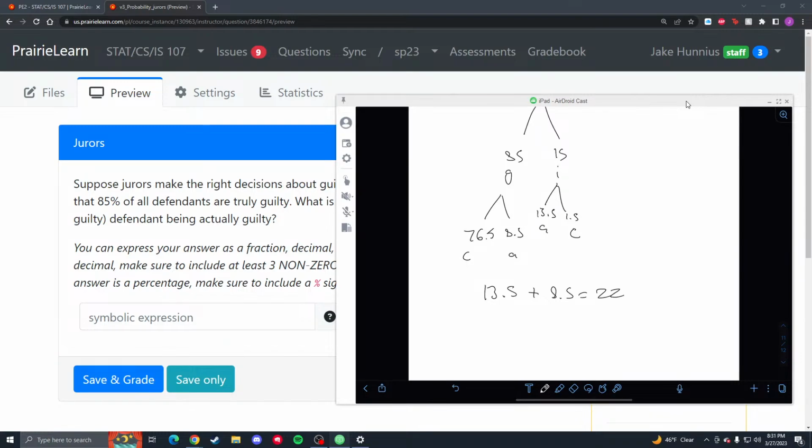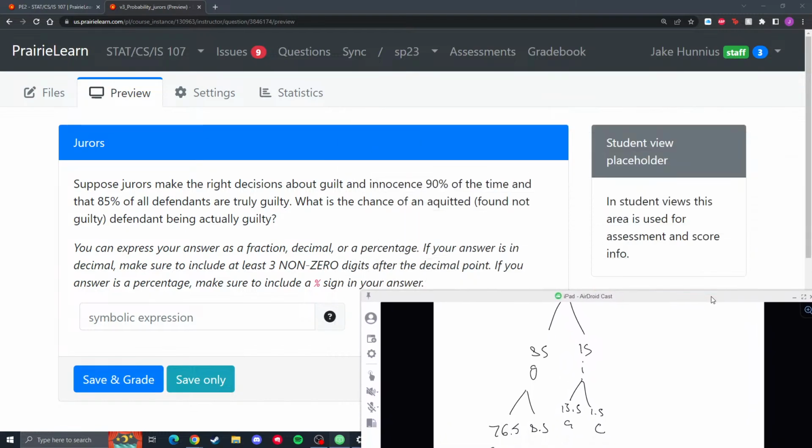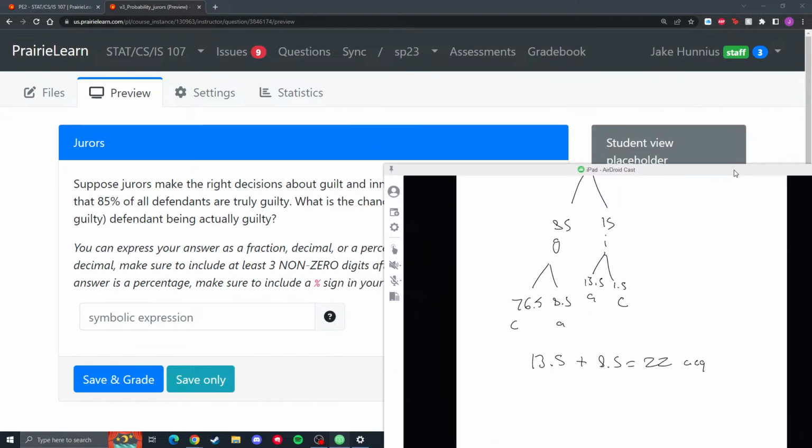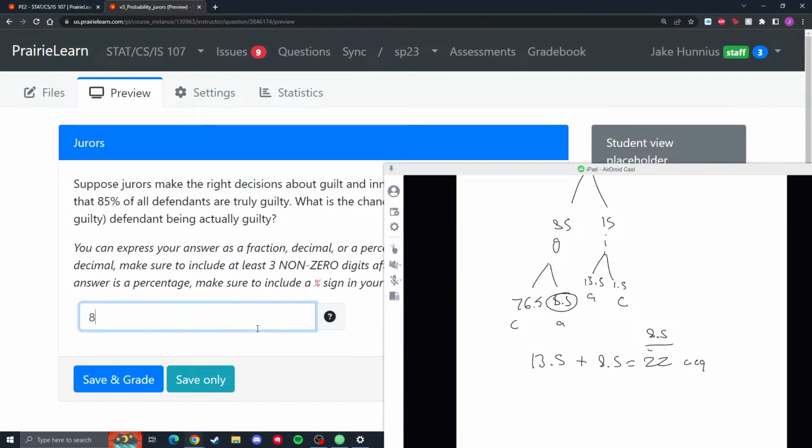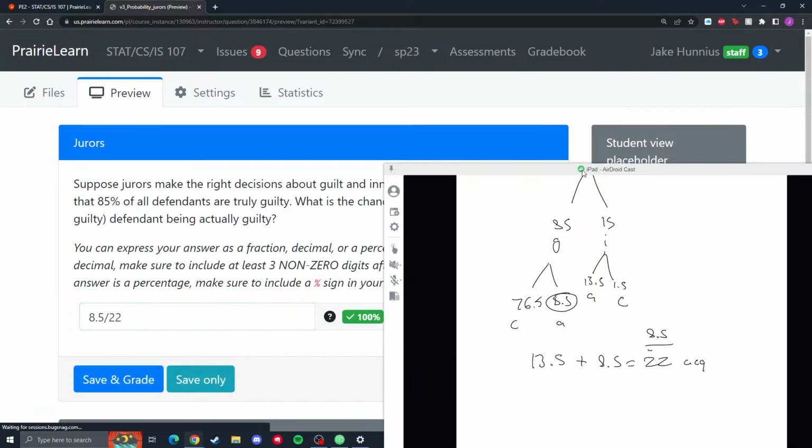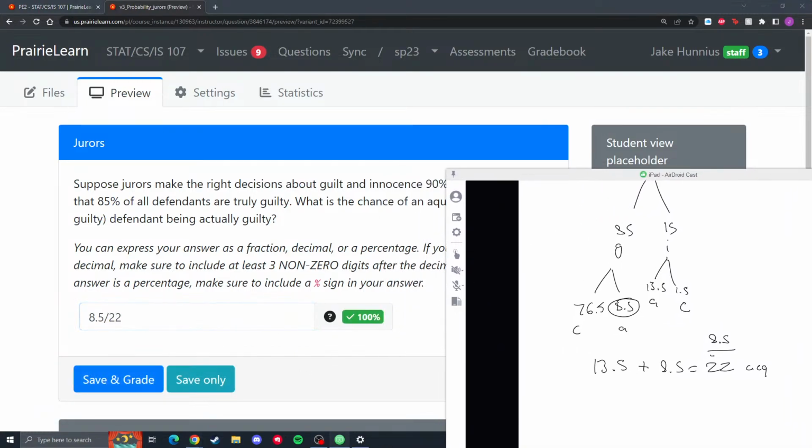There's 22 total people acquitted. Of those 22 people, what is the chance that somebody's acquitted and they're actually guilty? 8.5 of that 22 came from the guilty side, so we can just do 8.5 over 22. And then that's how that works.